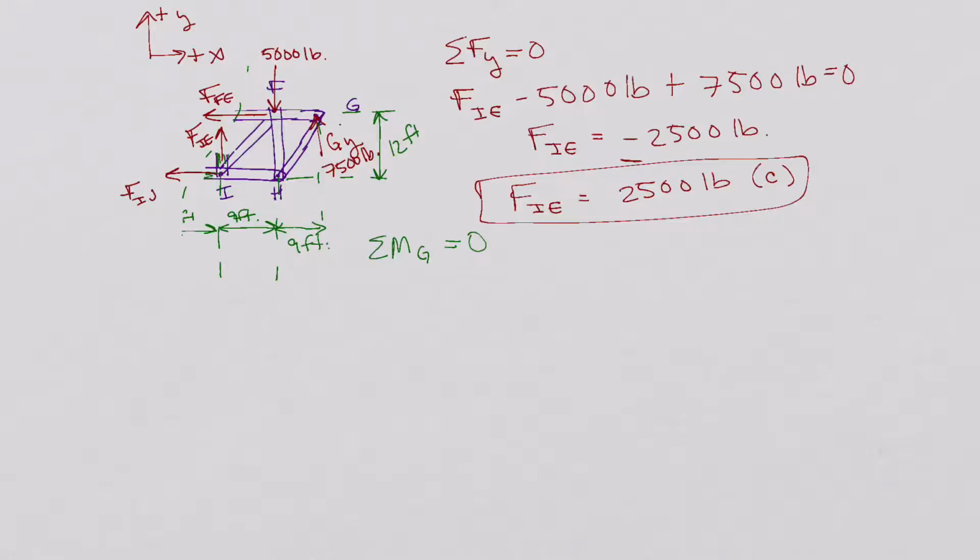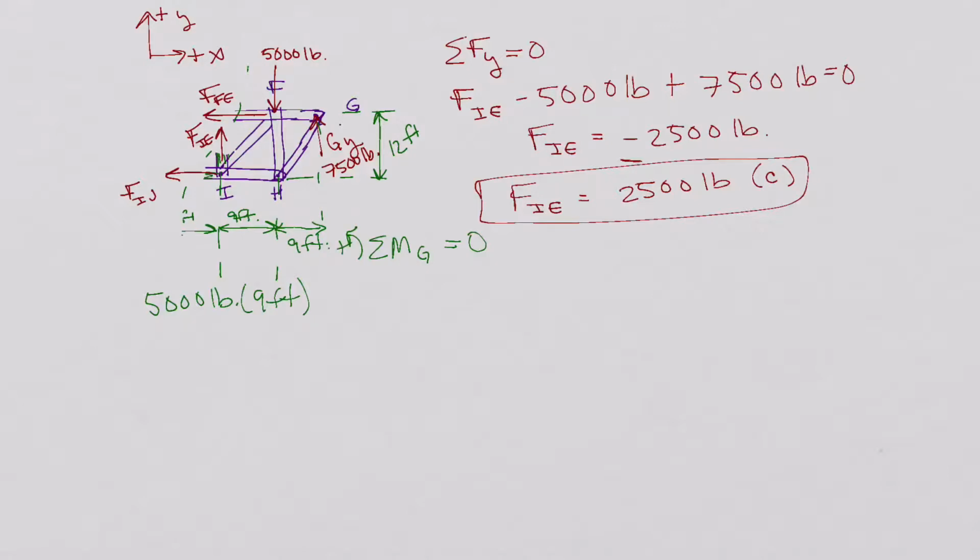Yeah, that'll work. So sum of the moments about G equals 0, so we have that 5,000 pound force, so 5,000 pounds. The perpendicular distance to there is 9 feet, and then it's positive.